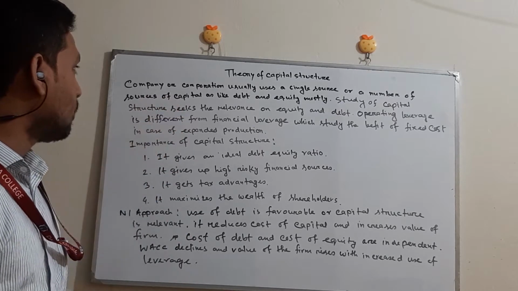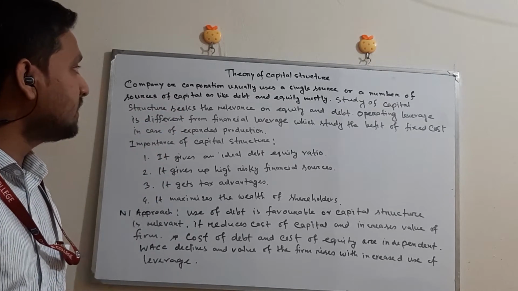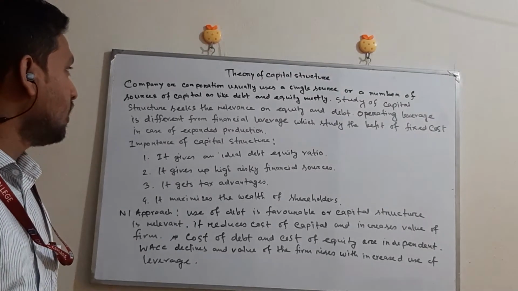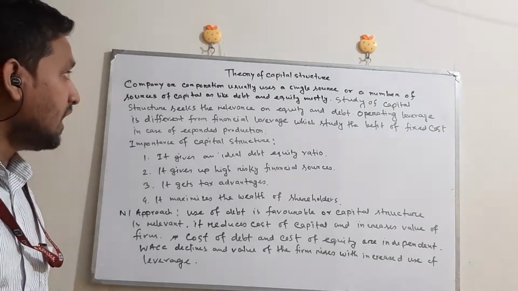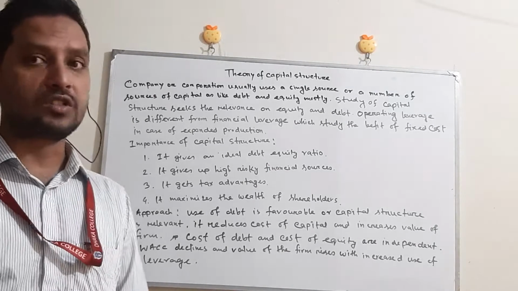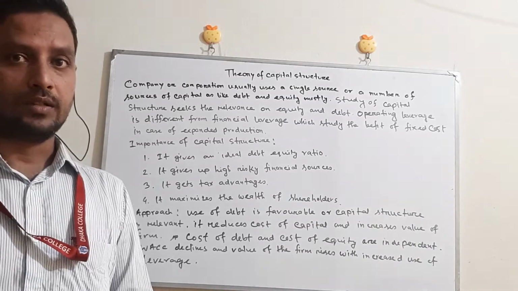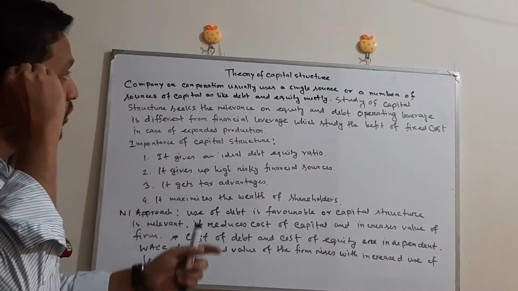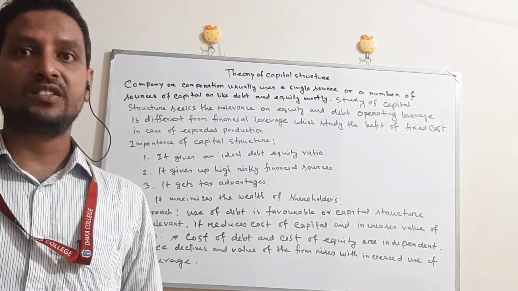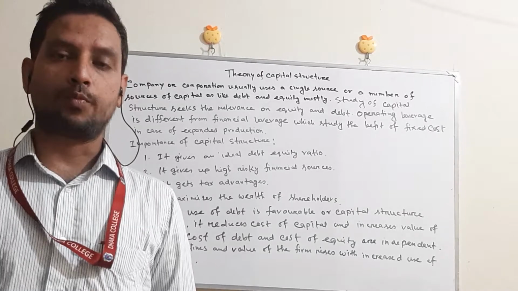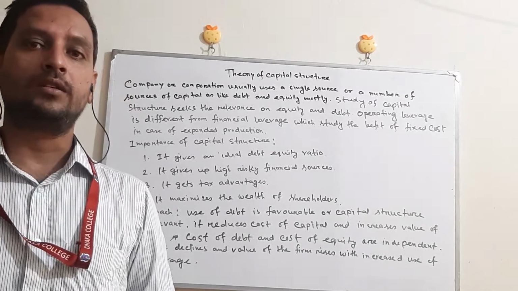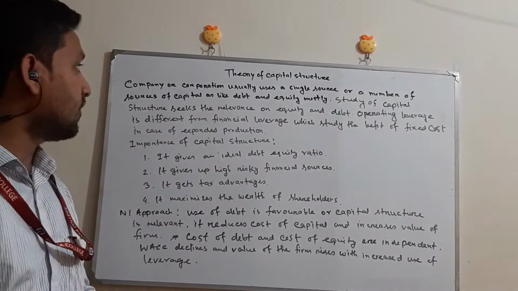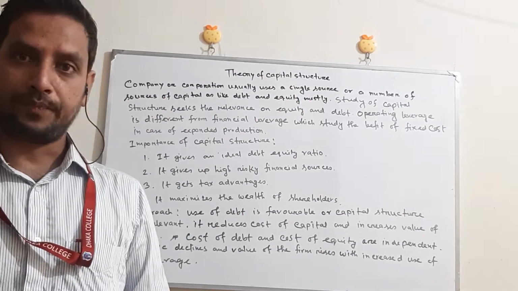A company or corporation usually uses a single source or a number of sources of capital, such as debt and equity. A corporation may use a single source, common shares, or a number of sources of capital such as debt and equity.